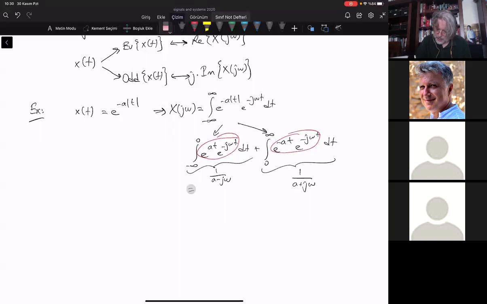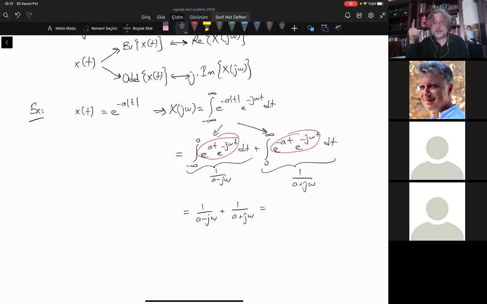So their summation is equal to 1 over a minus j omega plus 1 over a plus j omega. And when you do that by equating the denominators, multiply the first term by a plus j omega, and that will give you a plus j omega in the numerator from the first part, a minus j omega for the second numerator.